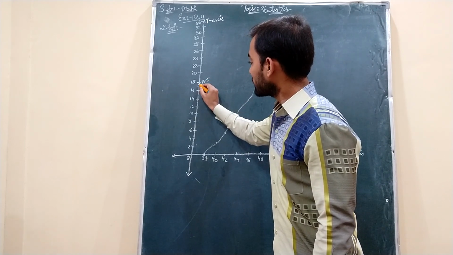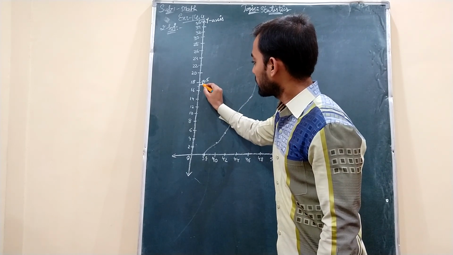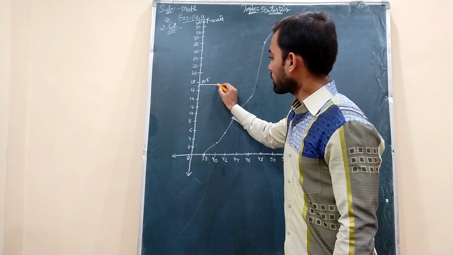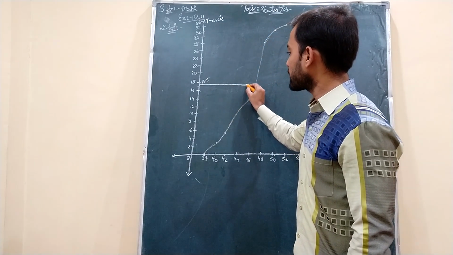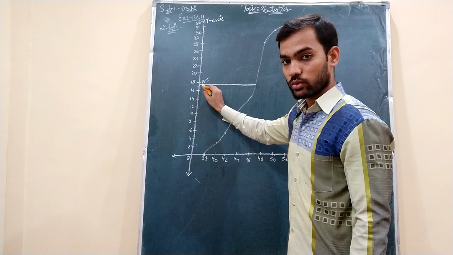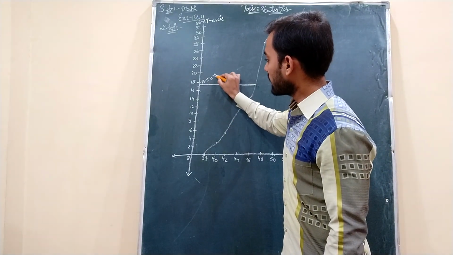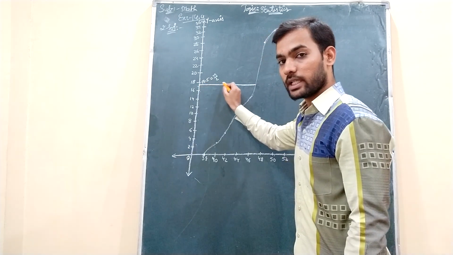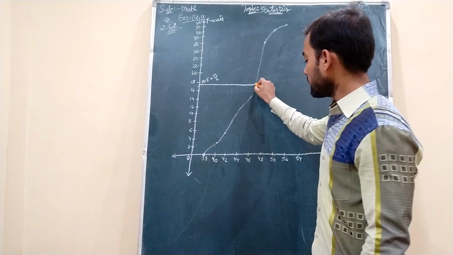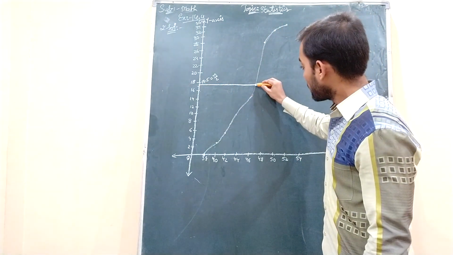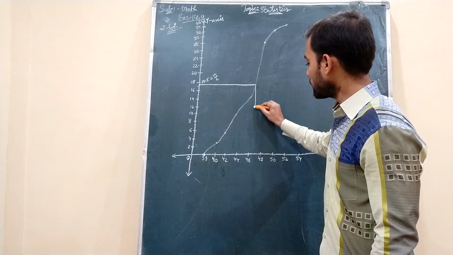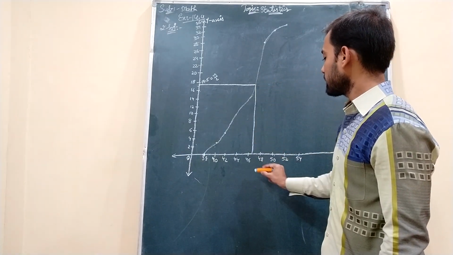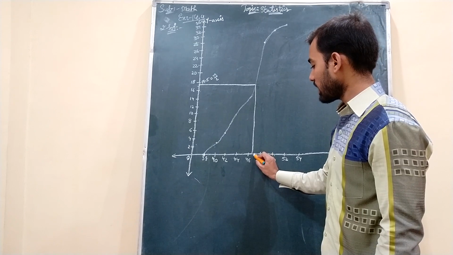Okay, so from here, 17.5, you need to draw a perpendicular towards the ogive. 17.5 is nothing but the n by 2 value. From this n by 2 we are drawing a perpendicular towards the ogive. Wherever this touches the ogive, from there you need to draw a perpendicular towards the x-axis. So in between 46 and 48 you will have 47.